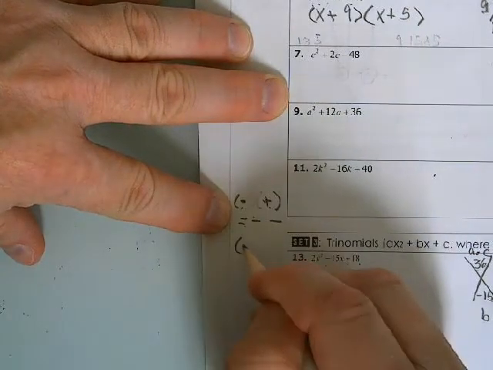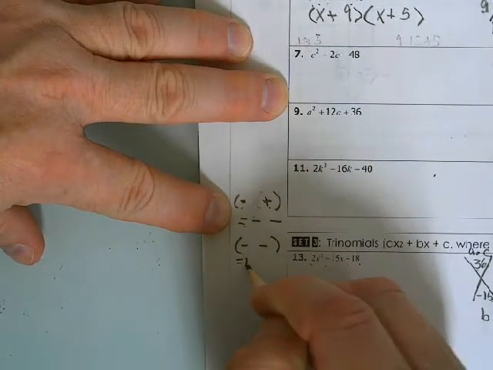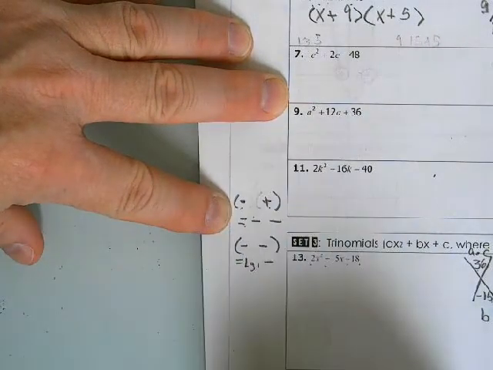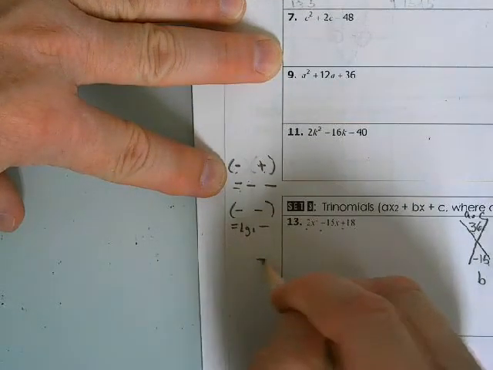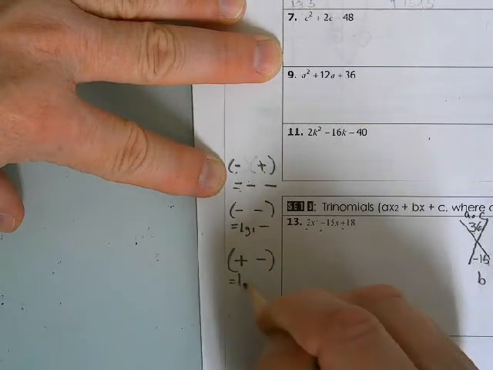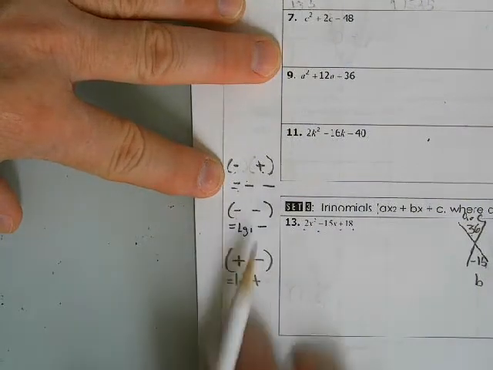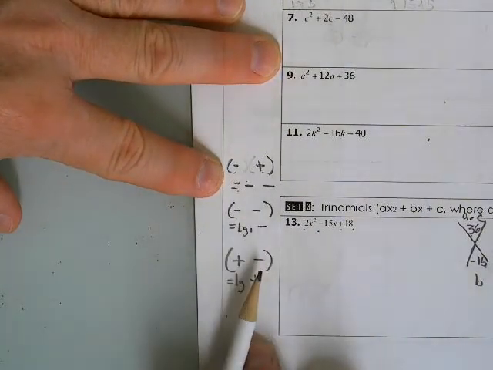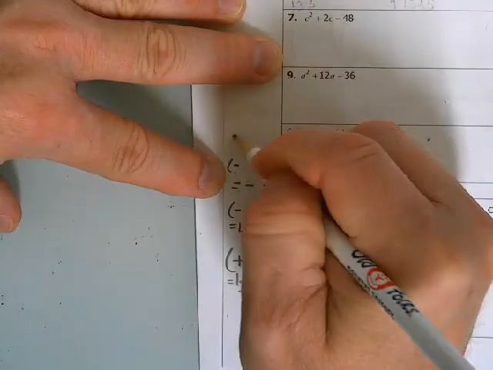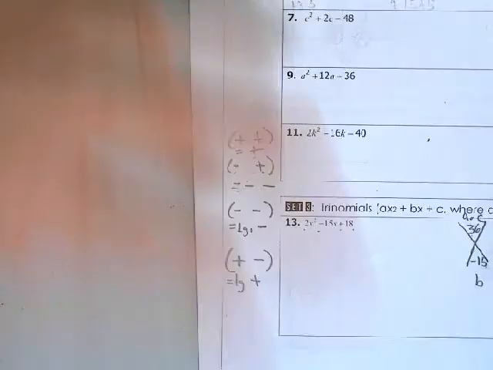If it is negative and negative, then the larger is negative. If it is positive then negative, then the larger one is going to be positive. Okay? So in this case, we're looking for a difference. In this case, we're looking for a sum. And of course, if they're both positive, then it's just equal to positive.